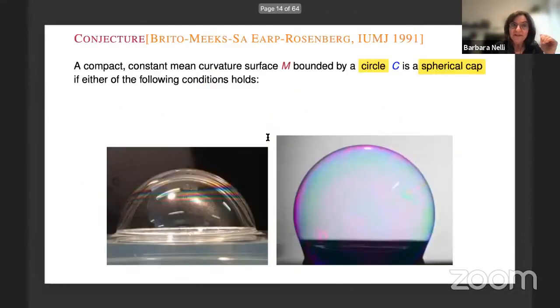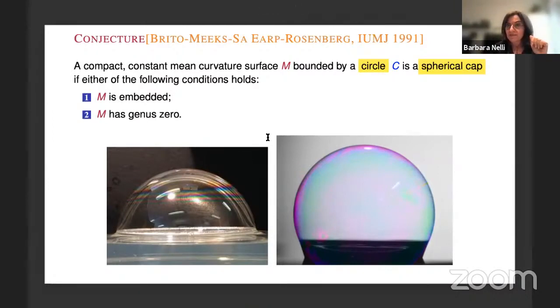Now, of course, there is a conjecture by Brito, Meeks, Sarp, and Rosenberg, and this conjecture is the following. If you take a compact constant mean curvature surface bounded by a circle, then it is a spherical cap if one of the following conditions holds. The first is M is embedded, and the second is M has genus 0.